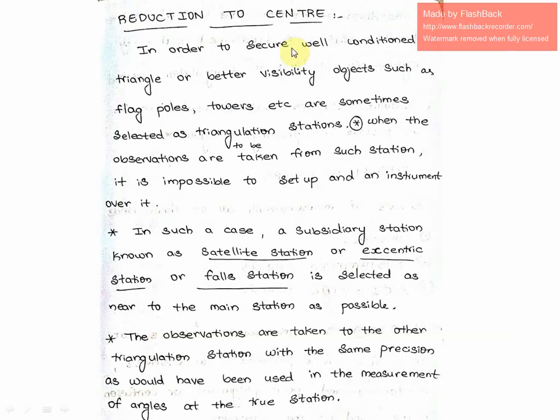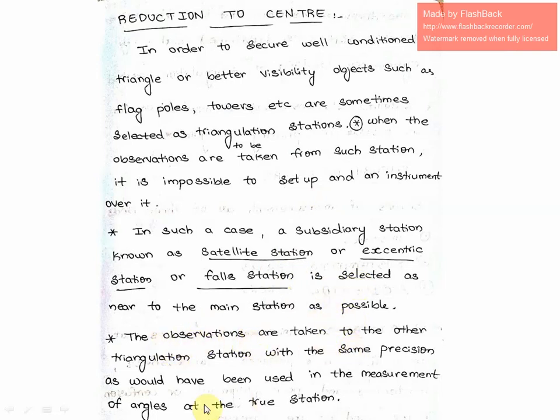See here, in order to secure well-conditioned triangles or better visibility, objects such as flagpoles, towers, etc. are sometimes selected as triangulation stations, as I told. When the observations are taken from such stations, it is impossible to set up the instrument over it. So for that, a subsidiary station known as a satellite station, eccentric station or false station is selected as near to the main station as possible.